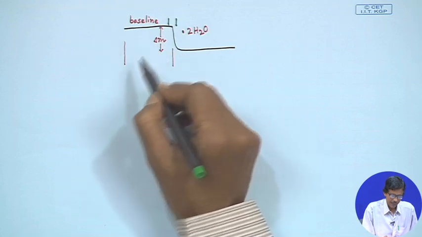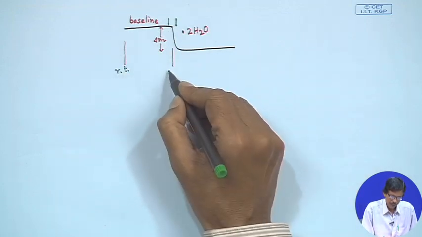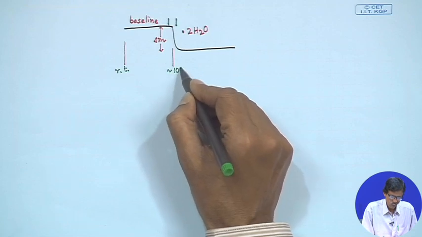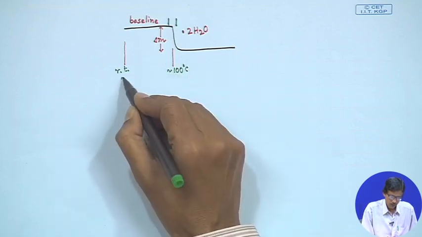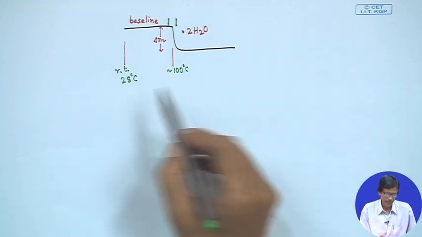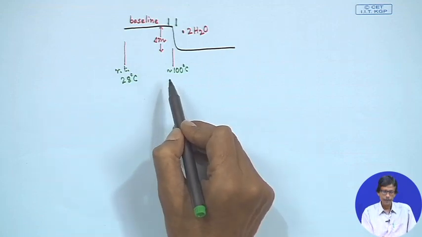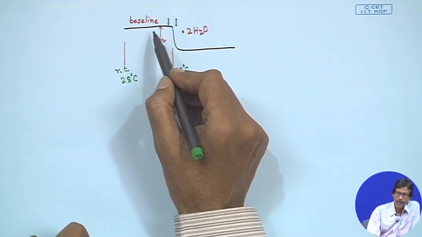Before that, this is the room temperature starting, and this can be around 100 degrees centigrade. So, if your room temperature is 28 or 30 degrees centigrade, then within this range from 28 to 100 degrees centigrade, we have a typical baseline.